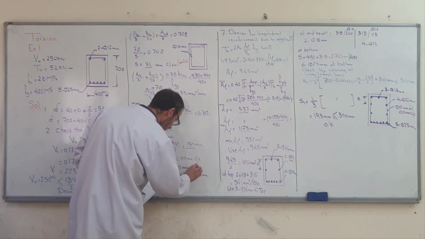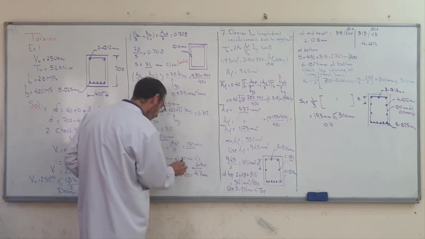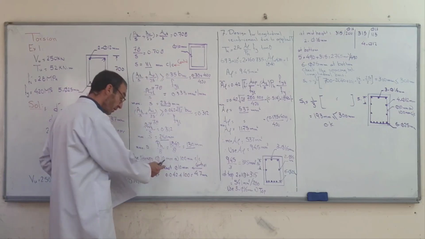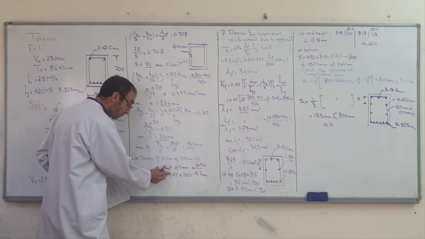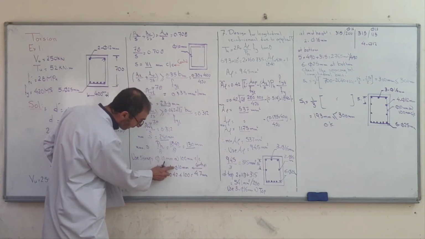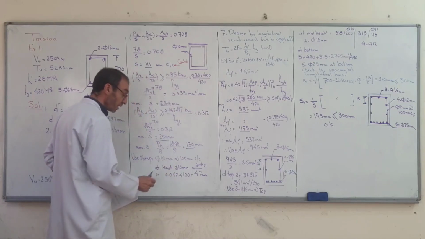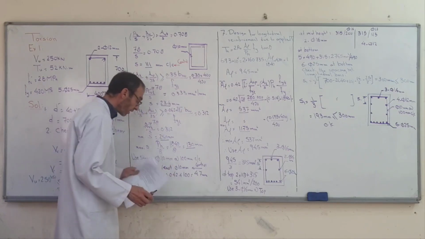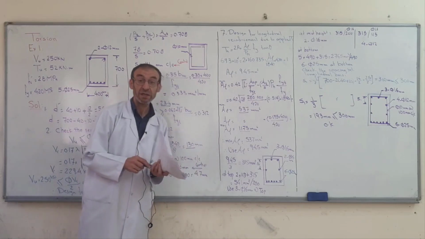This is okay. This is the check for the diameter of the stirrup; it must be the larger of these two values.